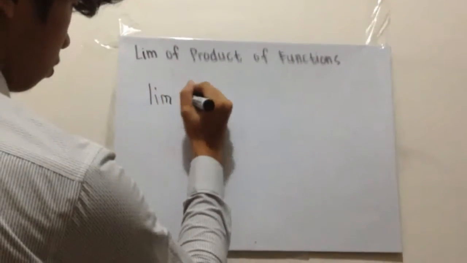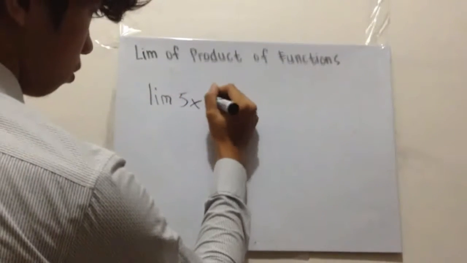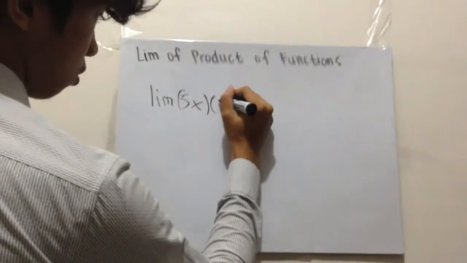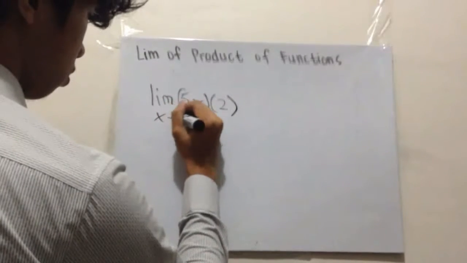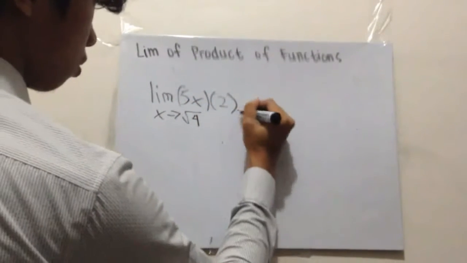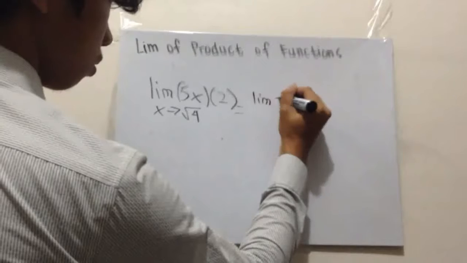For the next example, we have to find the limit of 5x multiplied by 2 as x approaches the square root of 4. We have to separate these terms.